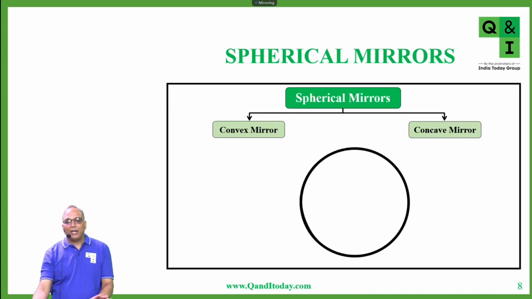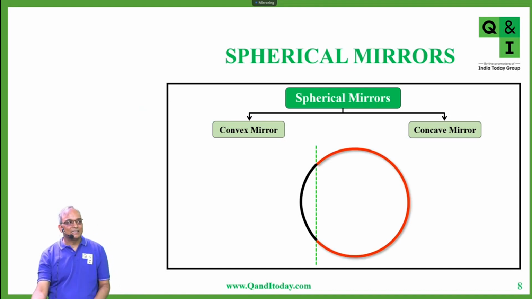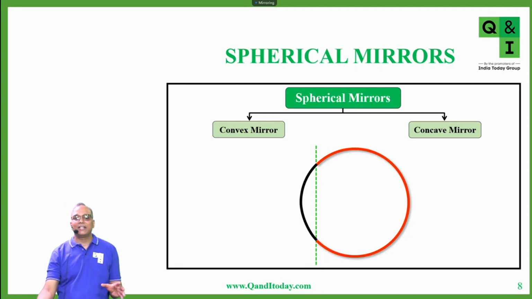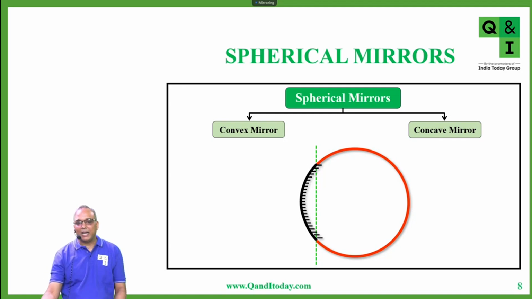Again, in a two-dimensional figure, if I explain this: as I said, if I cut this spherical surface by a plane, then when we silver the inner part, the outer part becomes the reflecting part.